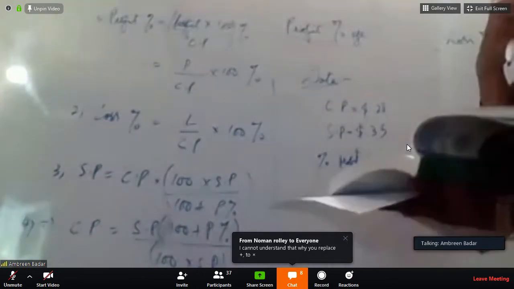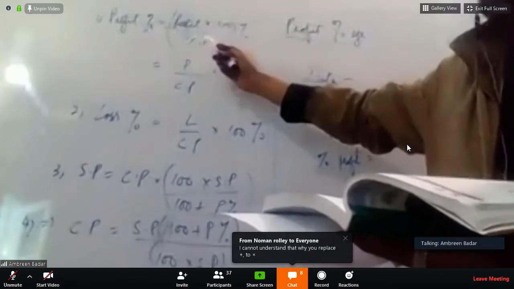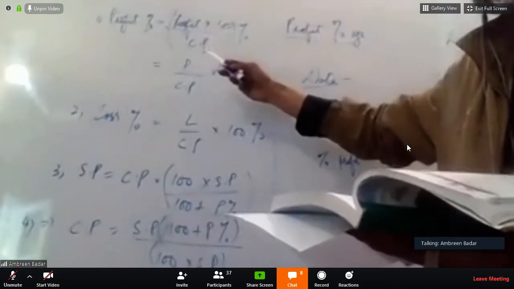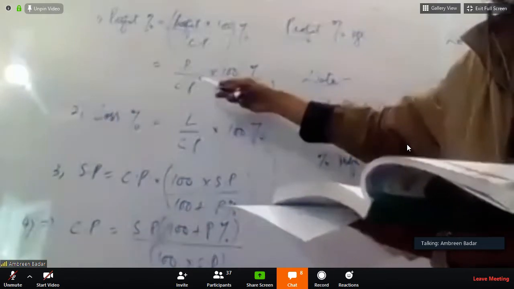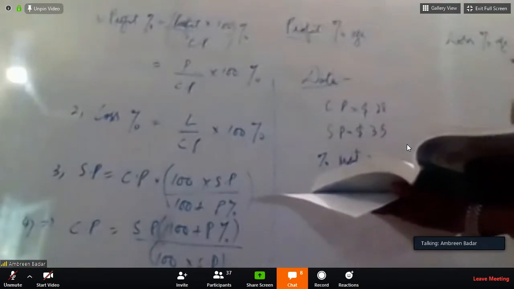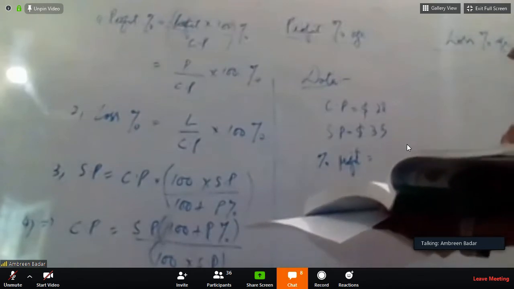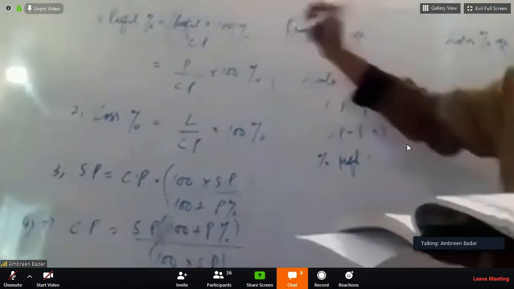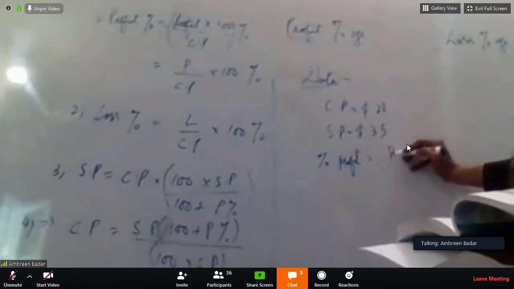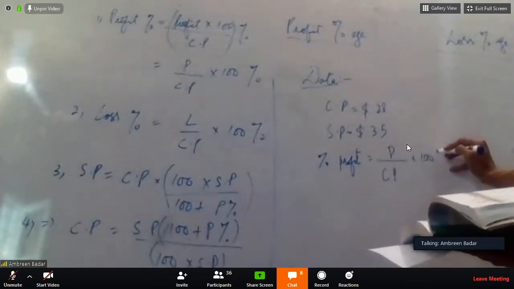Just now I told you that when you are calculating the profit percentage, you have to see whether it is to be calculated according to the cost price or the selling price. Here it is clear that percentage profit should be calculated using the cost price. So we'll be using this formula: profit upon the cost price multiplied by 100%.